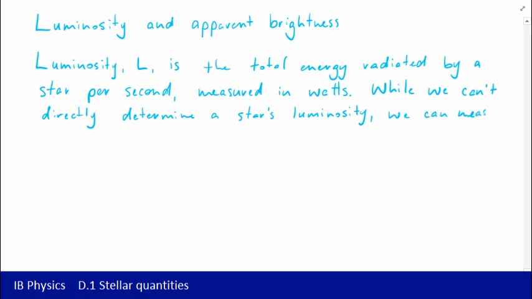And when we're talking apparent brightness, as the name suggests, it's how bright it appears to be. The easiest way to imagine it is someone standing there with a torch. If they are standing a long way away, then the torch doesn't really look that bright to you. If they're standing a fair bit closer, then the torch looks really bright.